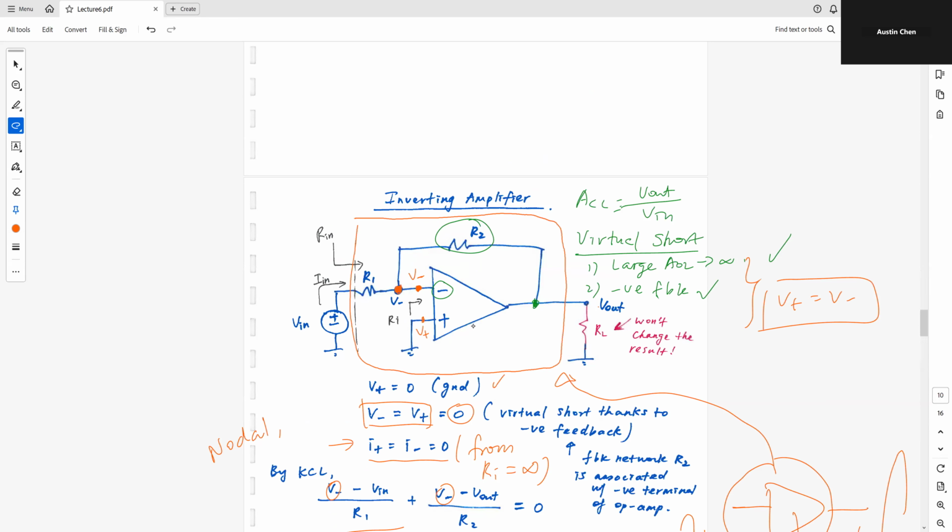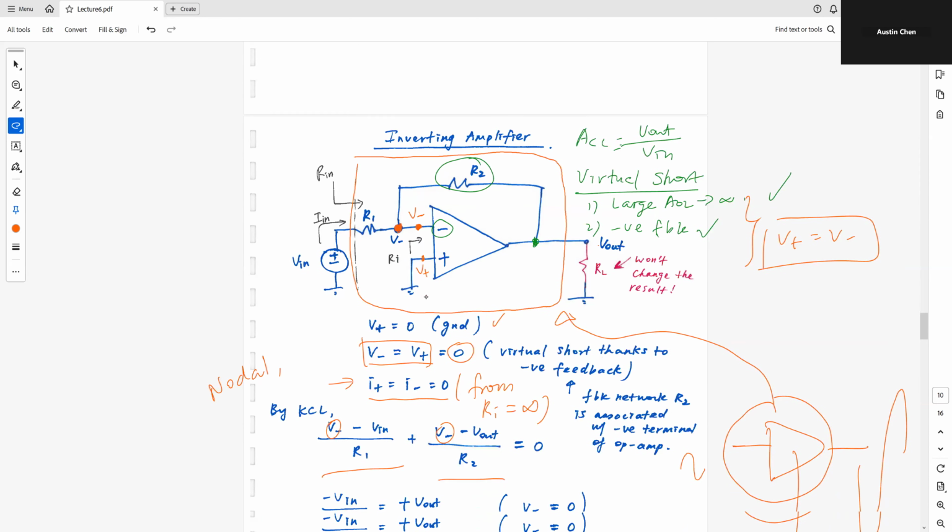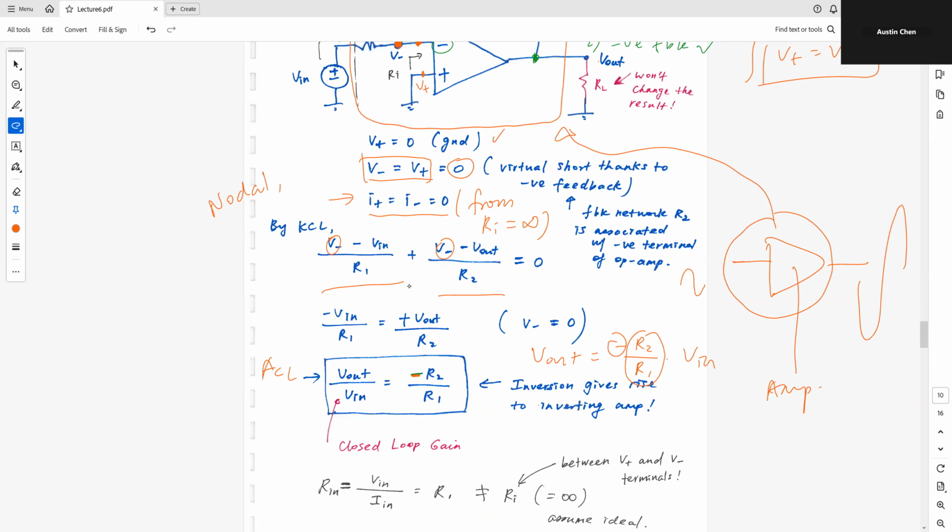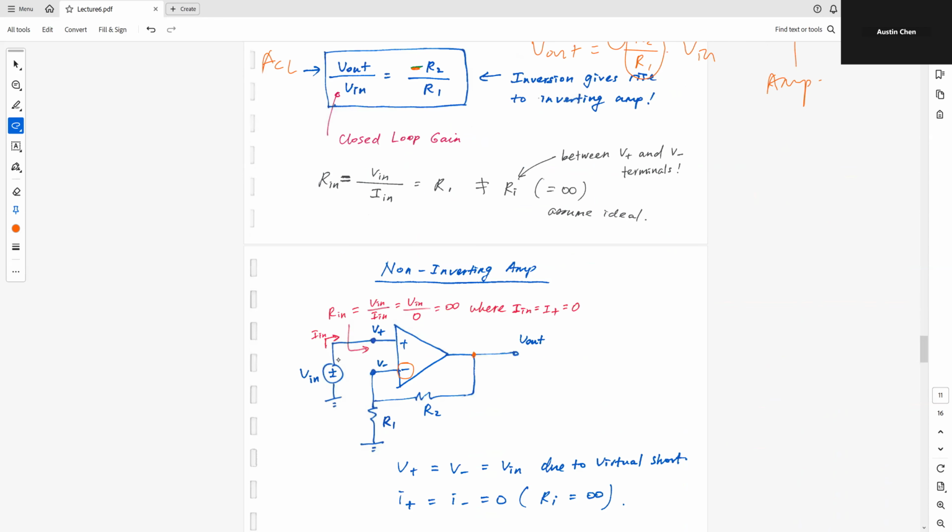Well, take a closer look at where this input signal is applied or injected. In an inverting amplifier, this input signal is going into the negative terminal. For the non-inverting amplifier, this signal is going into the positive terminal.